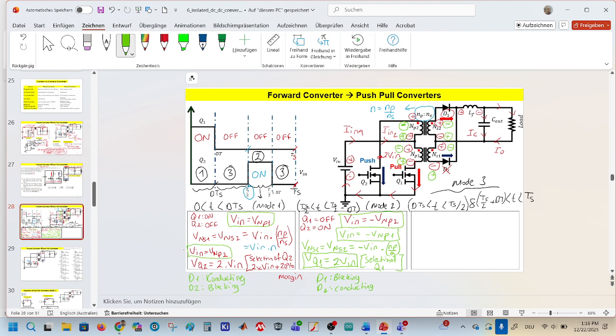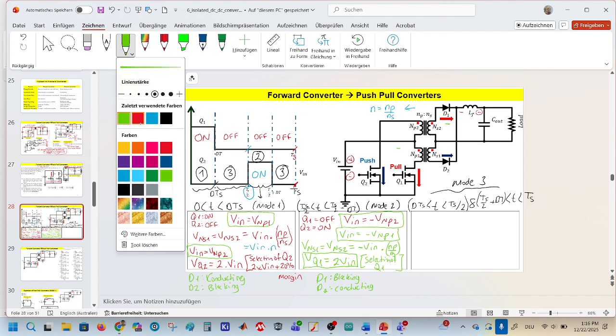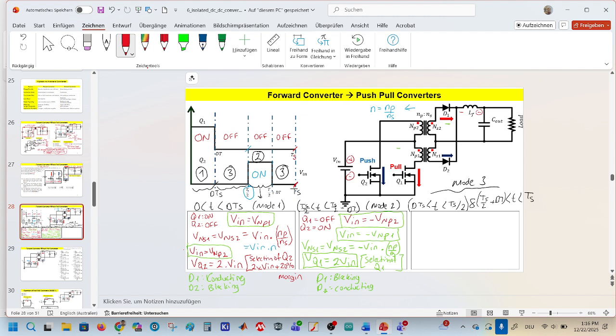So maybe we should erase a little bit to show what happens during mode 3.